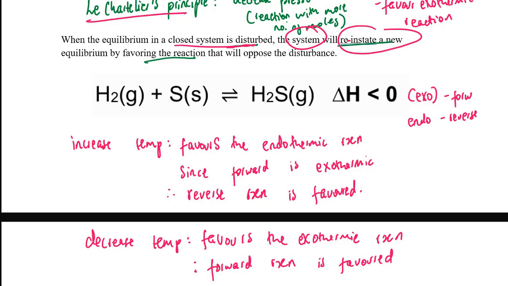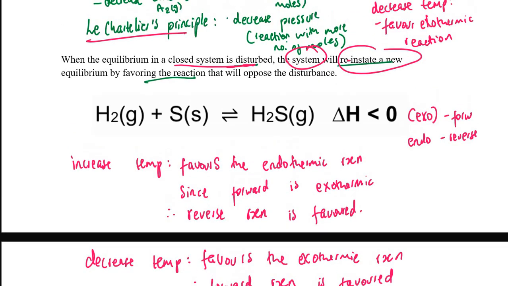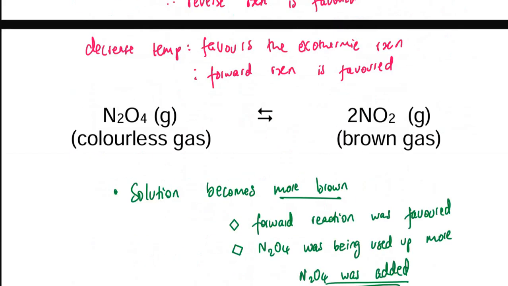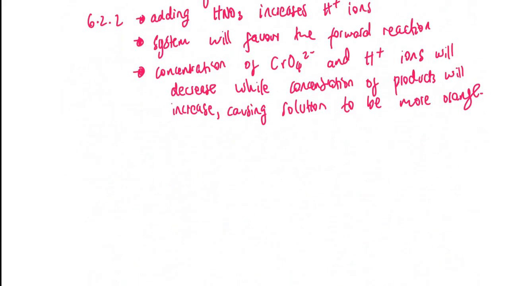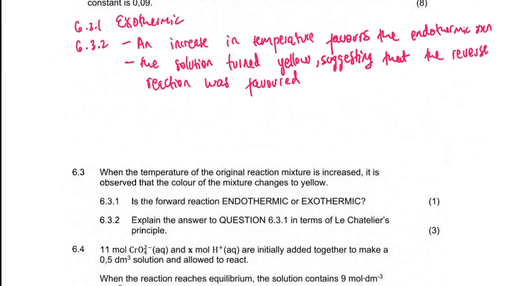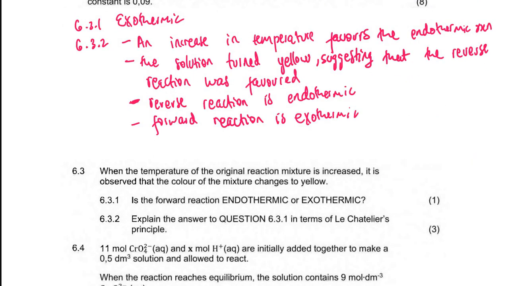How? By favoring a reaction that will oppose the disturbance. So how does it reinstate a new equilibrium? What does it mean to reinstate a new equilibrium? Well, that's quite simple. It means to have another equilibrium.